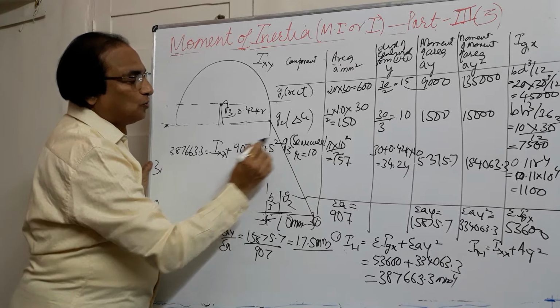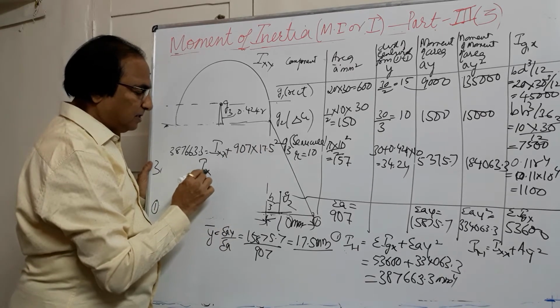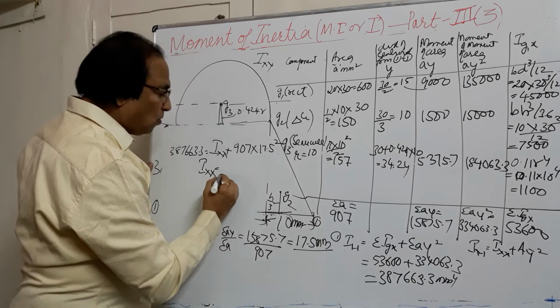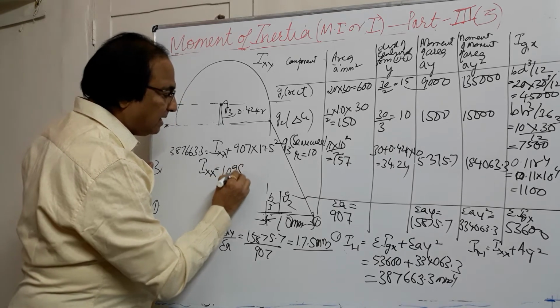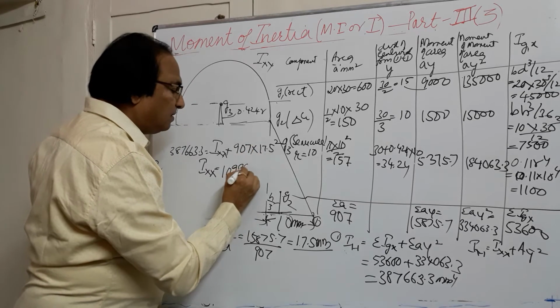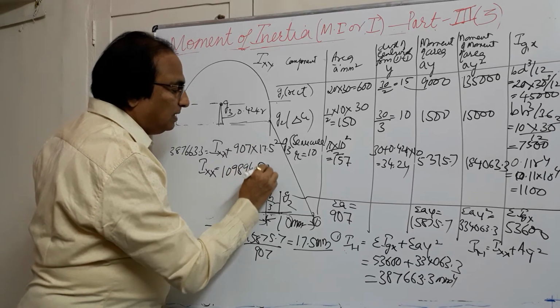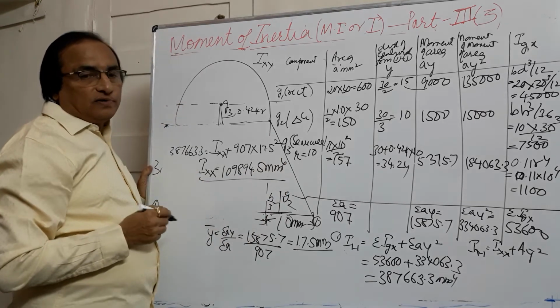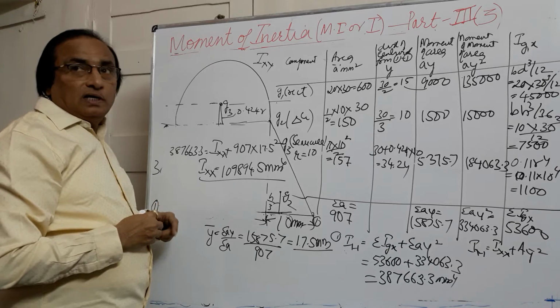Don't forget to square it. So if you simplify this, you get moment of inertia about x axis as 109894.5 mm raised to 4. So this is how you can find out the moment of inertia of the given figure.